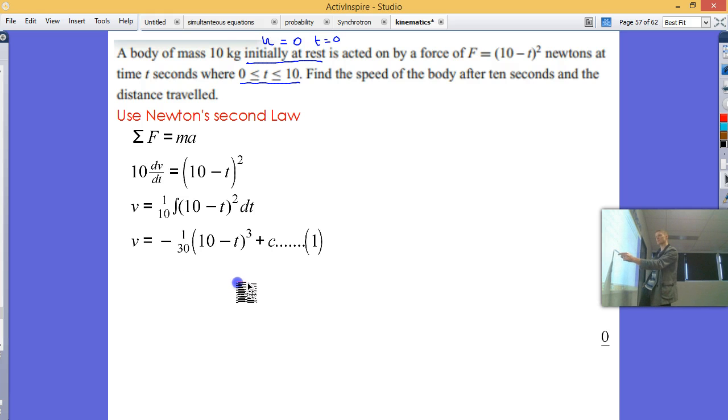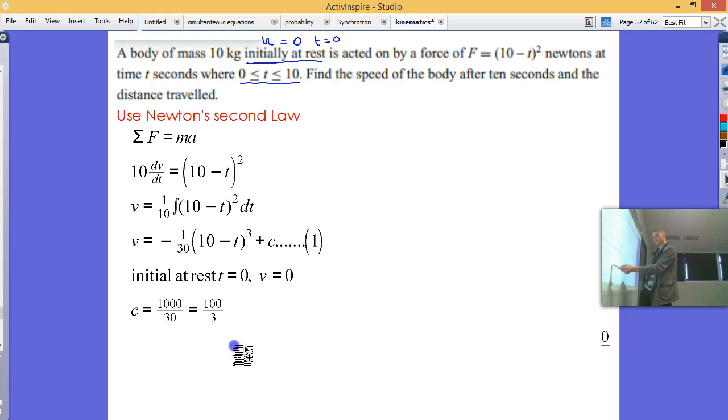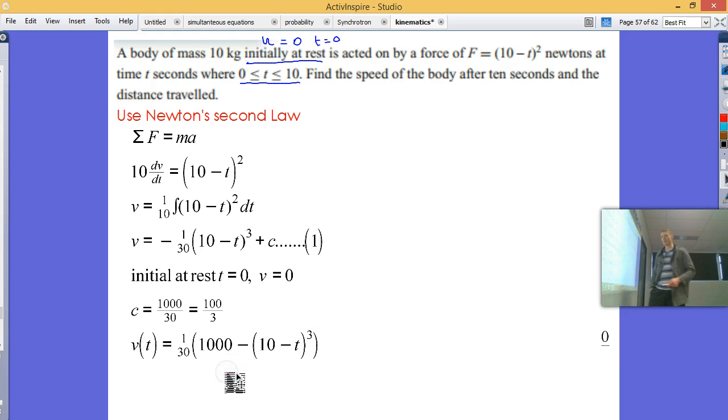There's my first equation. Now I'm going to draw on my initial conditions. Initially at rest, at time equals 0, I get an initial velocity. Substitute that in, and I can solve for my constant c. And I can simplify that a little bit, put that back in, and I can factorize a common factor of 1 over 30 there. Get a nice expression.